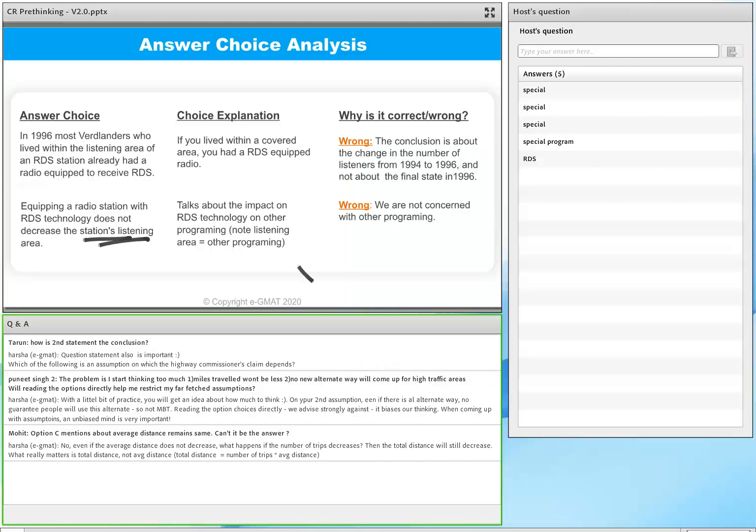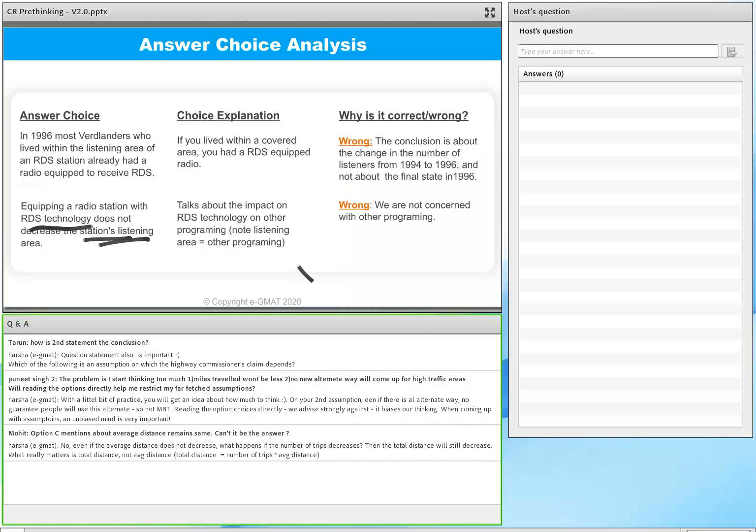So if a radio station does not have RDS technology, then can it broadcast special programming? No, it can't, right? The argument tells us that, which means the RDS range of a radio station, when it doesn't have this special technology, is 0.